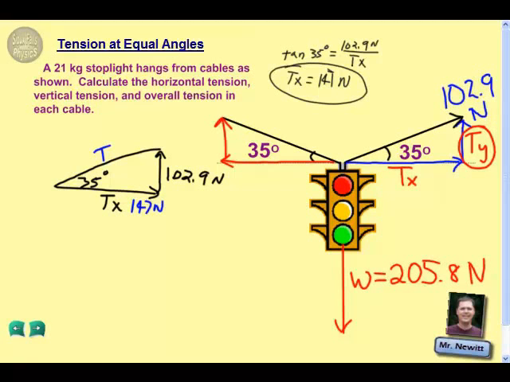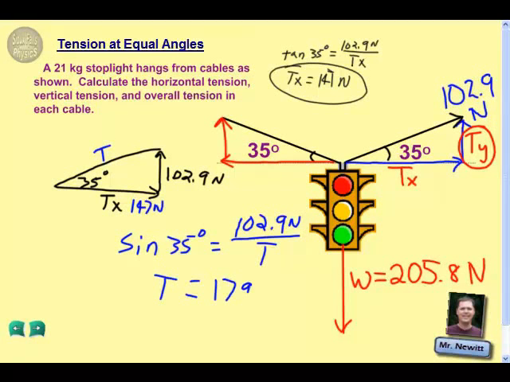And so in this case, we're going to end up using the sine of 35 degrees is equal to the opposite side, 102.9 newtons, divided by our resultant or our hypotenuse, which would be the overall tension in the wire. Solving for that component, we get 179.4 newtons.